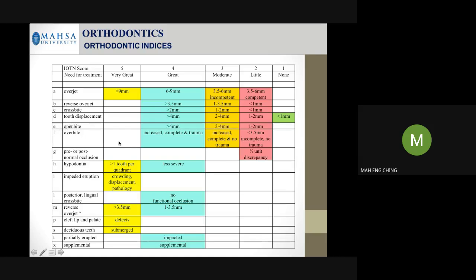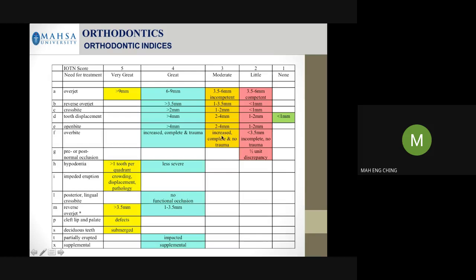Then we have overbite, which is a deep bite problem. So according to our definition, if it's less than 3.5, then consider it normal. Then 2 to 3 millimeters overbite is considered okay. If more than 3.5, then consider it a bit deeper than average. So incomplete with no trauma, then they are grade 2.